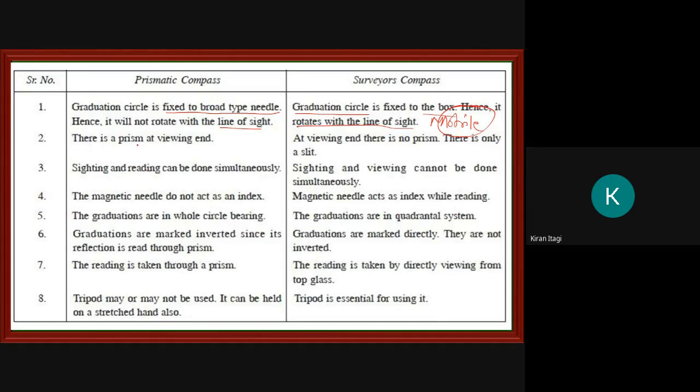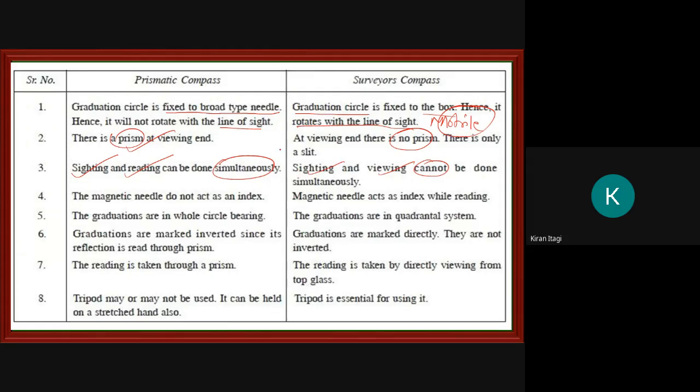There is a prism at the viewing end. Here we have a prism, but here we don't have any prism. Sighting and reading are done simultaneously, but here sighting and viewing cannot be done simultaneously because we don't have any prism.